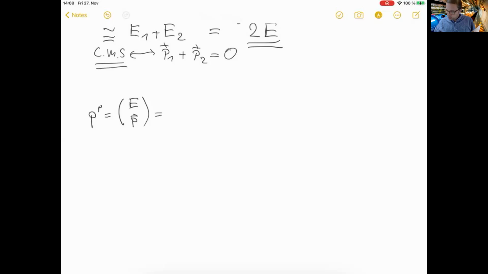We had pulled out m gamma. Now let us pull out, instead of m gamma, the magnitude of the momentum.